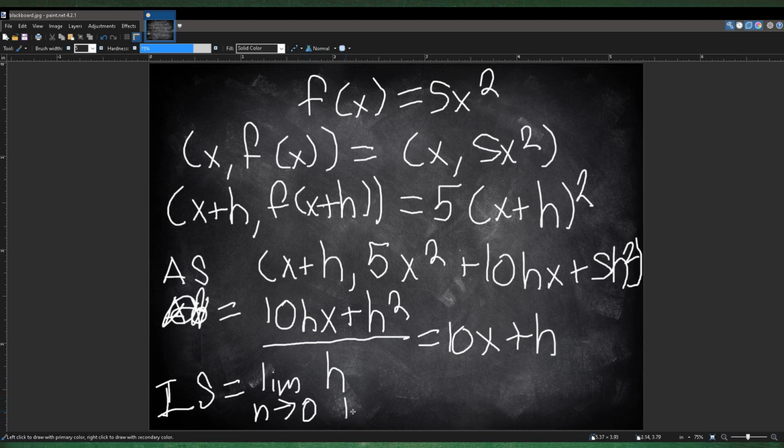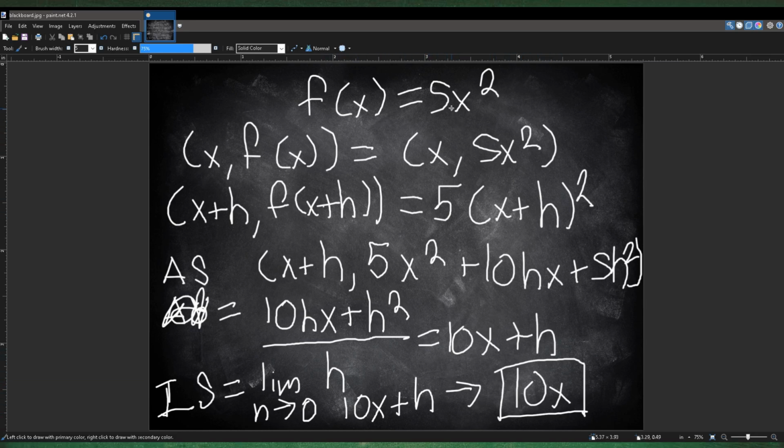As h approaches 0, wouldn't that just lead to 10x, because h is going to be 0? So this would be the instantaneous slope that we're looking for.